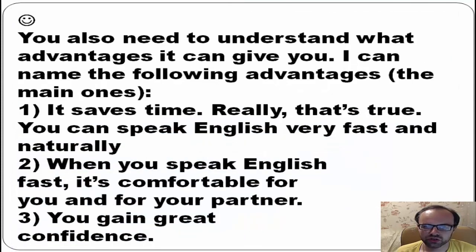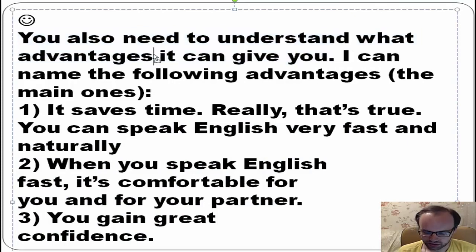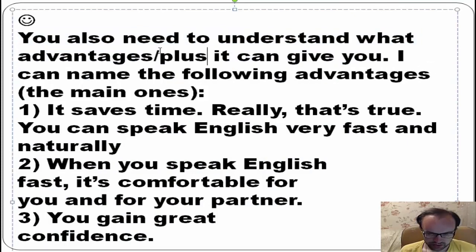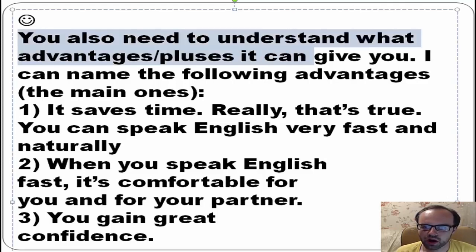Good. So you also need to understand what advantages it can give you, or what advantages or pluses or good things it can give you. Why is it so important? Why is it so important to think in English?